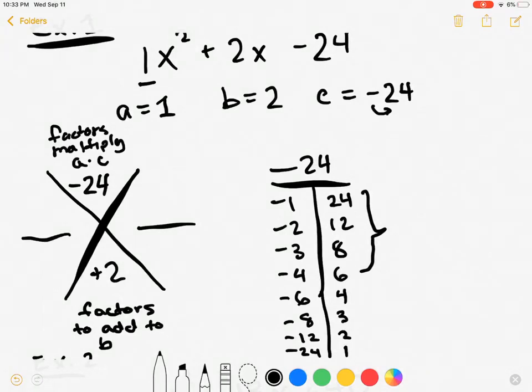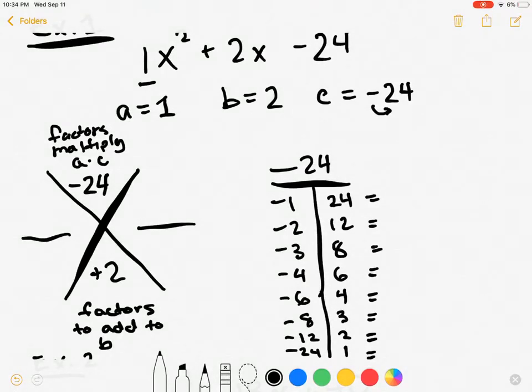Again, we are trying to find a factor pair that when you multiply them together give you a negative 24, but when we add them up, we get a positive 2. The nice thing about your factor table is that you can create a column to the right of it, and in that column you'll simply write what the sum of those two factors is.